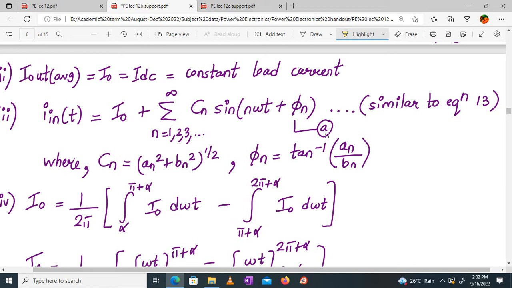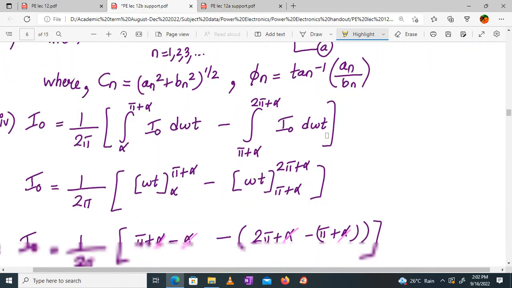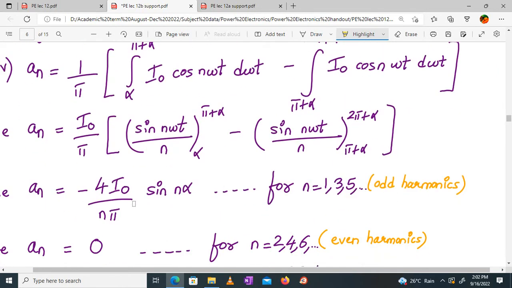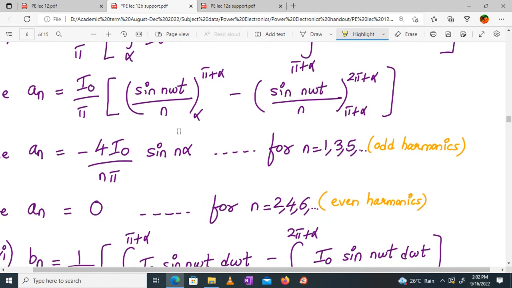Okay, I naught is 0, understood. Now write down the formula for An. Look here, one minute. If you substitute even values, even numbers n equal to 2, 4 and 6, and solve, the integral will be 0. It is 0 by half wave symmetry, which can be proven mathematically. And if you consider n as 1, 3, 5, odd harmonics, the equation will be this. I am not going into the derivation, just write down the value of An in your books. What is I naught? IDC, I out average. Remember that.